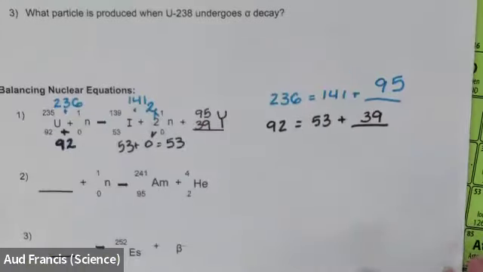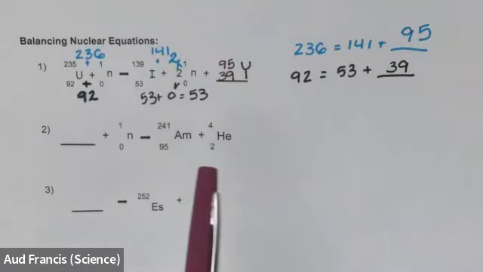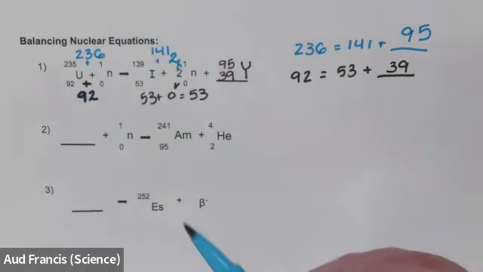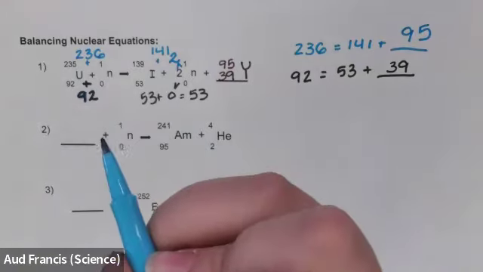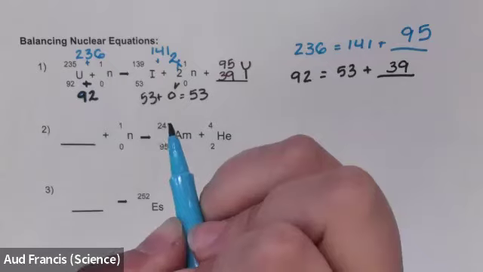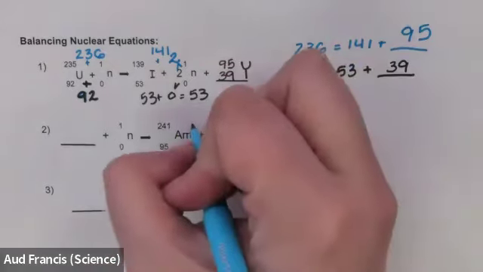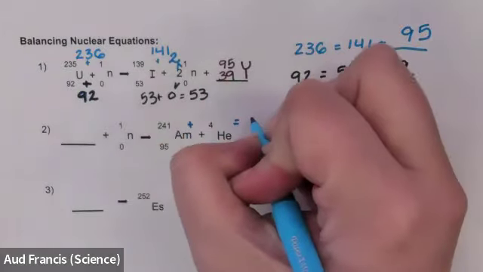Okay. So for that one, we had to sum up both sides. And it looks like we're going to have to do the same thing down here. So on the top for the second equation, I've got some number plus 1 is the same as, that's what that arrow is, 241 plus 4. So 241 plus 4 is 245.